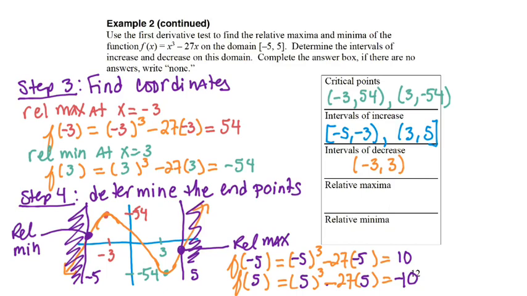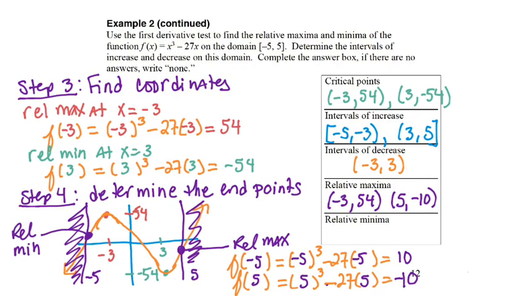And lastly, we need to answer about our relative max and min. And again, looking back at the chart, we had said we had a relative maximum at negative 3, and we're still writing coordinates which are from the original function, so comma 54. But don't forget, we also stated there's an endpoint that's a relative maximum, so I need to list the 5, negative 10 value.